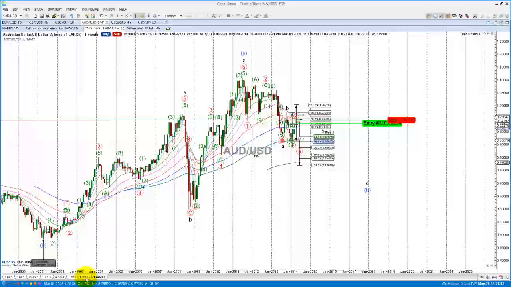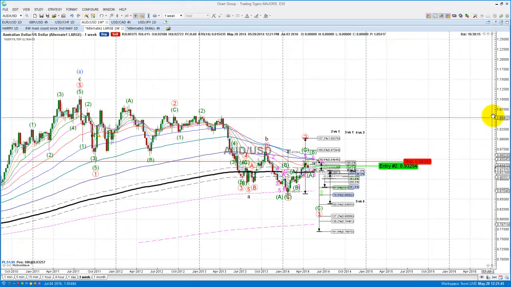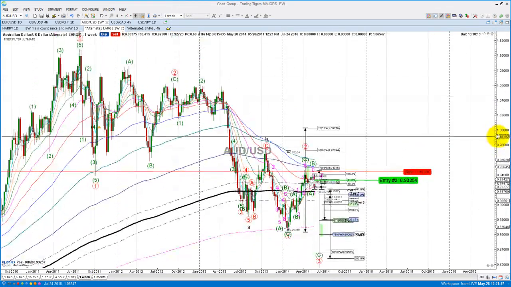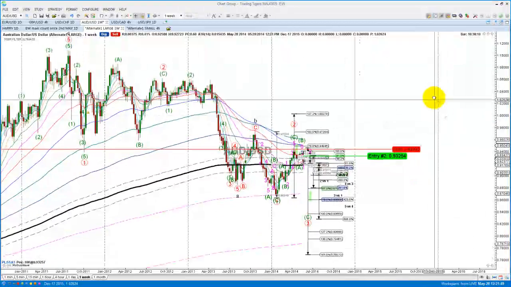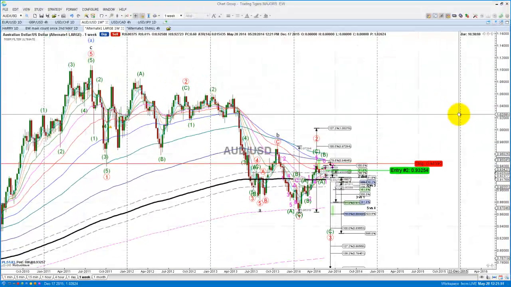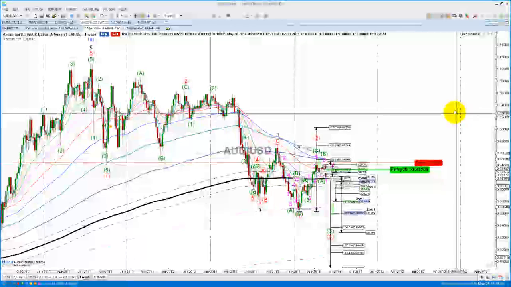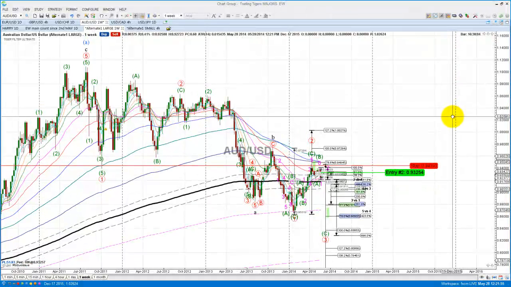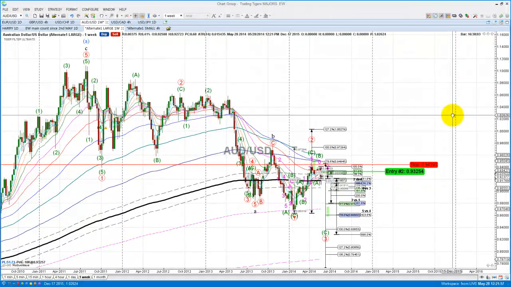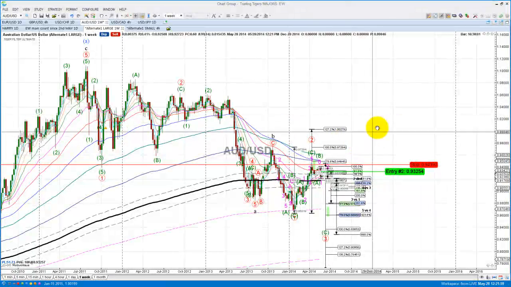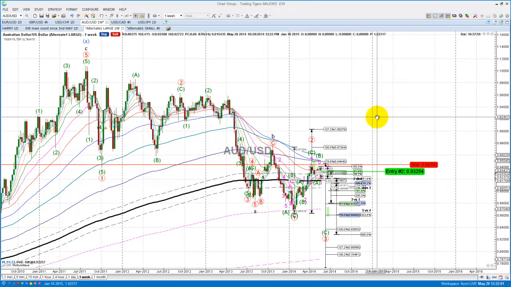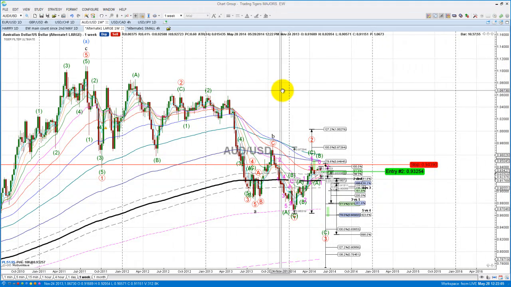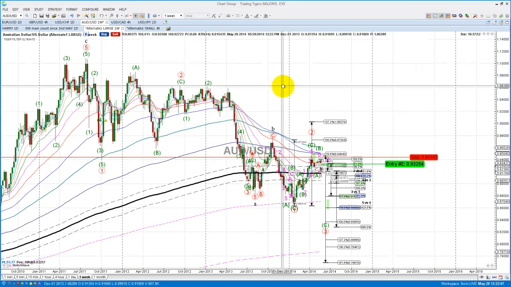So we'll go down to have a look at a better understanding on the weekly chart, if that can help you. The super cycle, as we said, is in a B wave, and that's an ABC correction of a cycle degree, which is the smaller degree size.